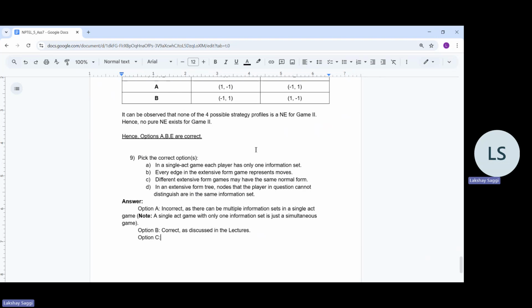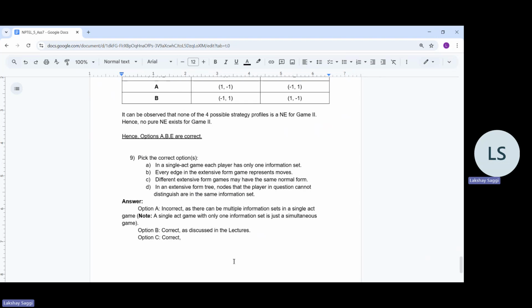And now option C is: different extensive form games may have the same normal form. Actually, this kind of thing can happen, so this statement is also correct, because normal form is just a quick summary telling us about the different strategies and the payoffs corresponding to those strategies.